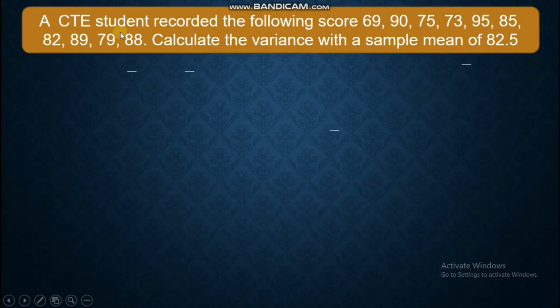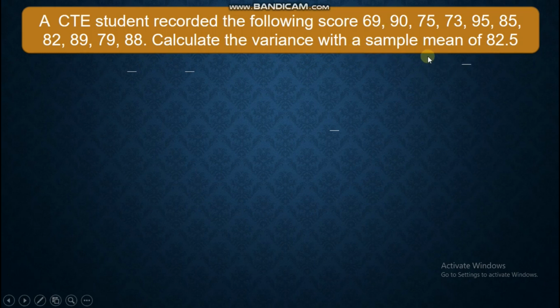The CTE students recorded the following scores: 69, 90, 75, 73, 95, 85, 82, 89, 79, 88. Calculate the variance with sample mean of 82.5.